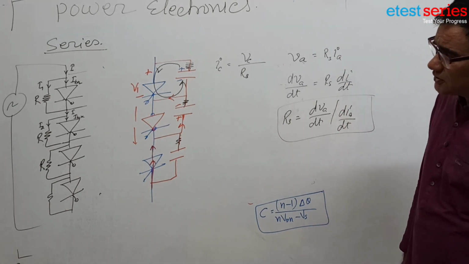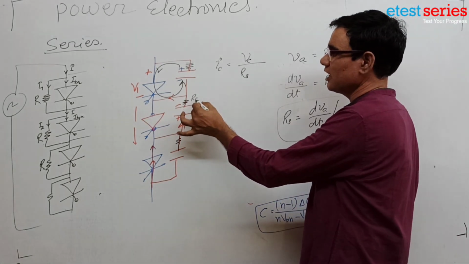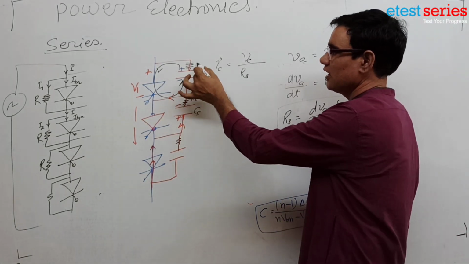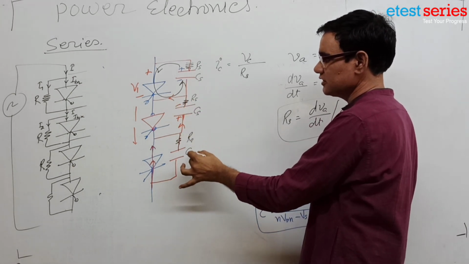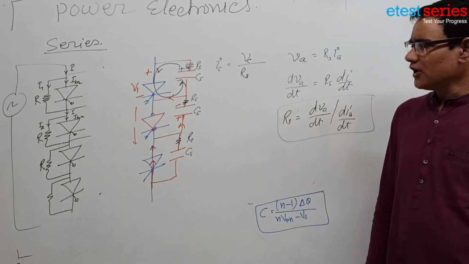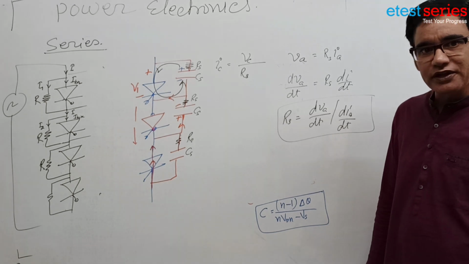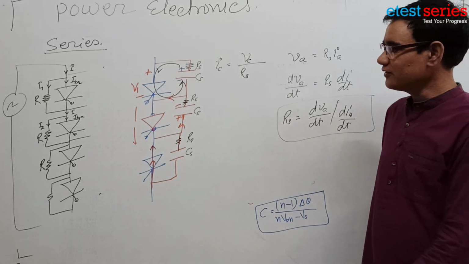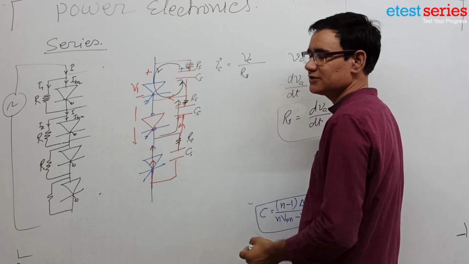But what happens if we connect a series resistance Rs and Cs? This is the Rs and this is the Cs. This is also known as a snubber circuit. Then the reverse recovery current does not flow properly, because there is a resistance in the path.